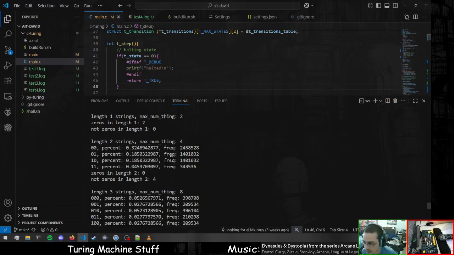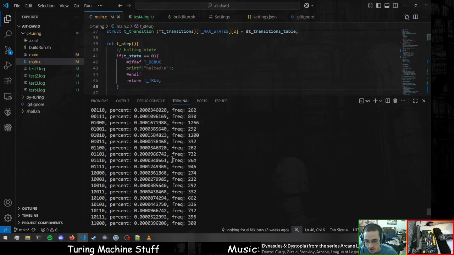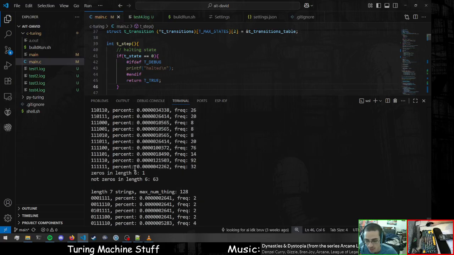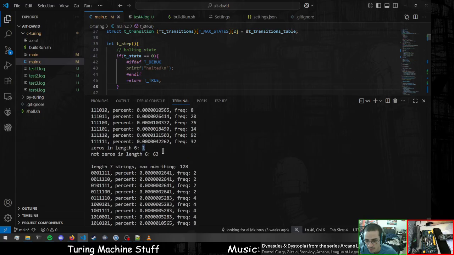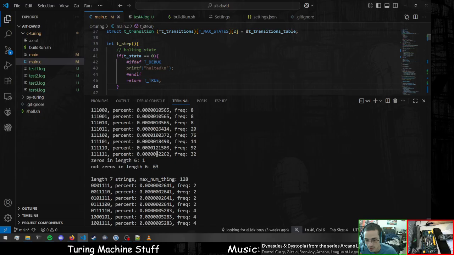So the deal with this is I got my strings. I got length 6, which apparently is missing one of them. I don't know if that's supposed to be there, but I think we're supposed to have them.